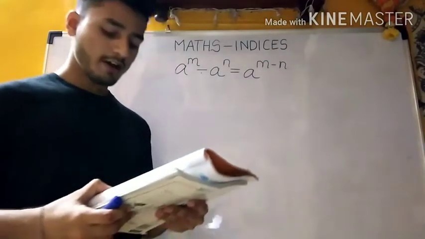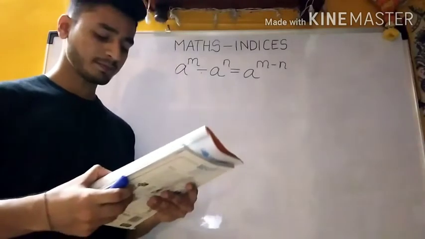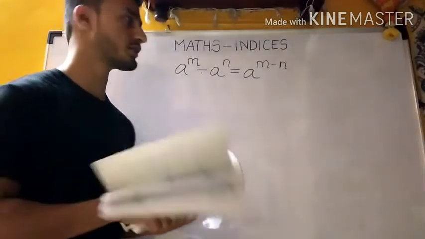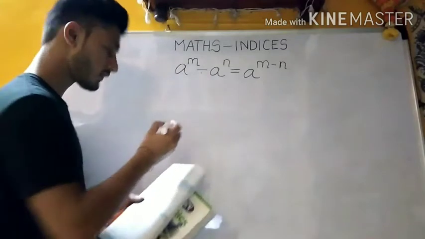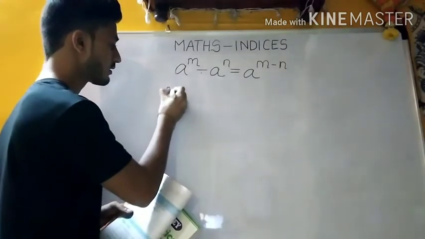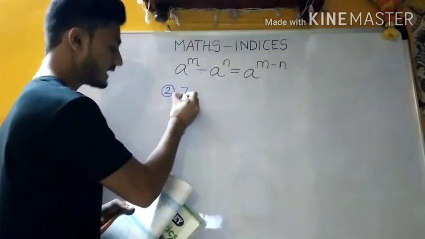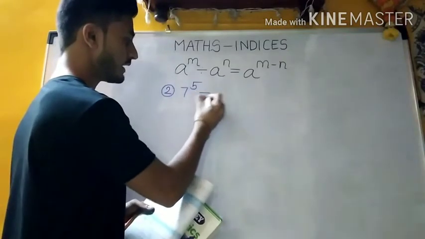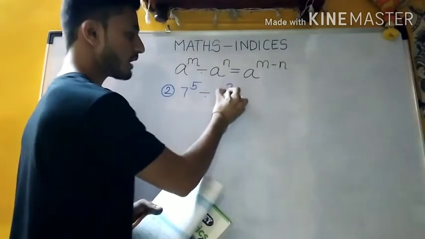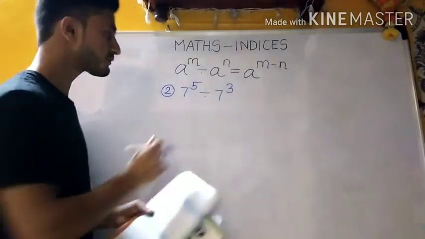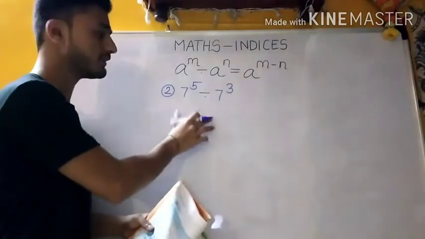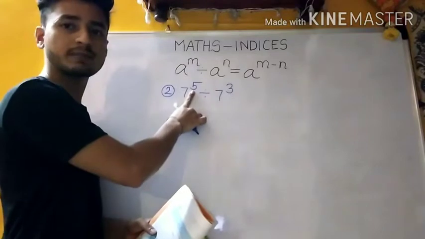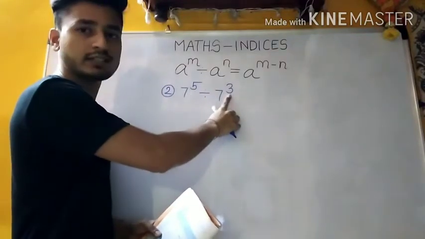Now we will talk about the second sum. The question is 7 raised to the power 5 divided by 7 raised to the power 3. Here if you observe, our m is a bigger number and n is a smaller number.